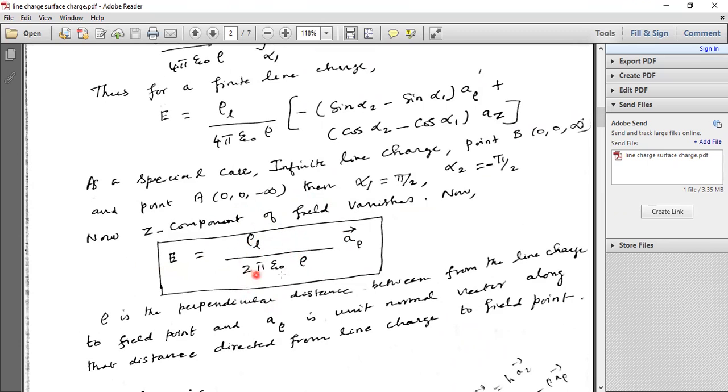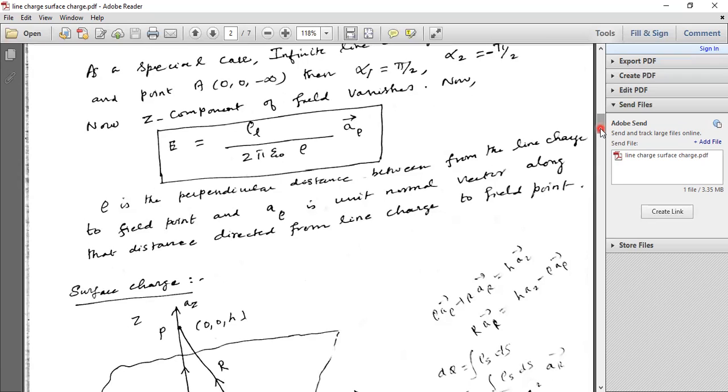This indicates the electric field intensity is inversely proportional to the distance between the field point and the source point, directly proportional to the line charge density, and along the rho direction only. The AZ component is cancelled because cos pi by 2 is 0 and cos of minus pi by 2 is also 0, so this component becomes 0 for a line charge of infinite length.